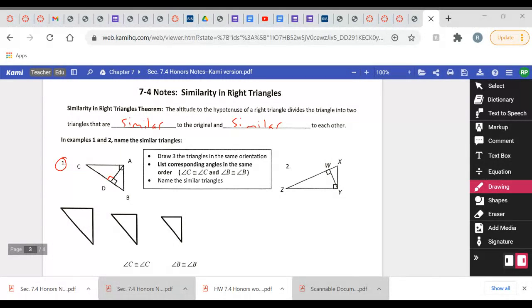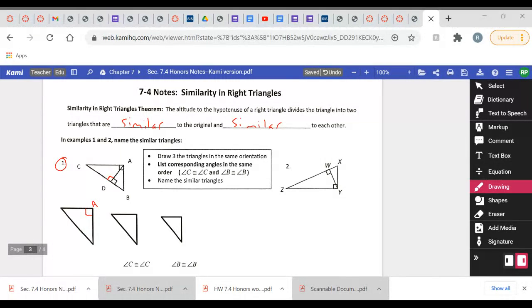It says draw the 3 triangles in the same orientation. It doesn't really matter what orientation, but you can see here, if I label this first triangle as triangle ABC, then I can put my right angle here, and that's where A is.